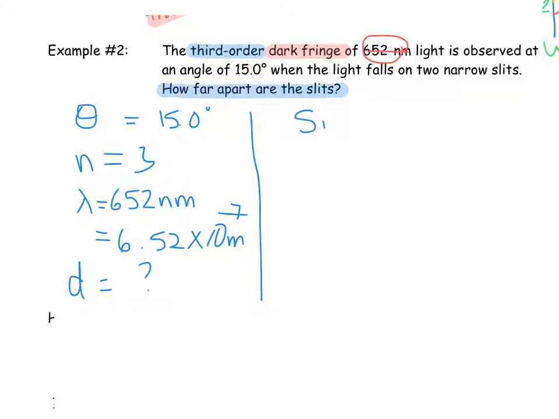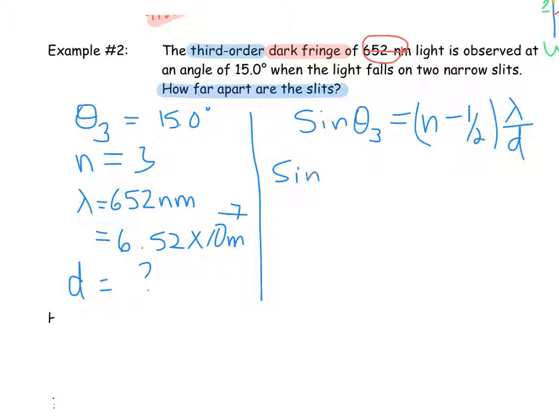That is sine theta n, and it's our third order fringe, so we're going to call it sine of theta 3 is equal to n minus 1/2 times lambda over d. Let's replace some of these variables. So sine of 15 degrees is equal to 3 minus 1/2. n is 3.